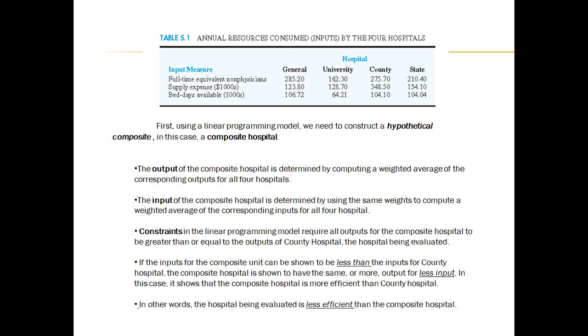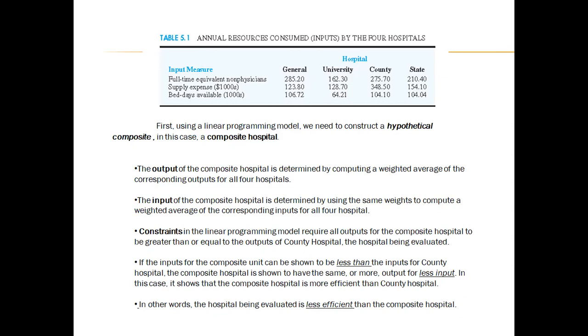And then the input of the composite hospital is determined using the same weights to compute a weighted average of the corresponding inputs for all 4 hospitals. By the way, the output and input for the hospital that we will be evaluating later on would be a different process. So we'll see that.